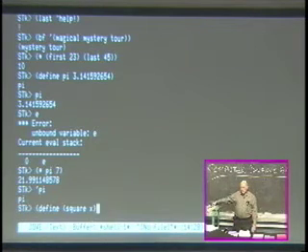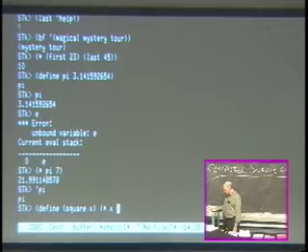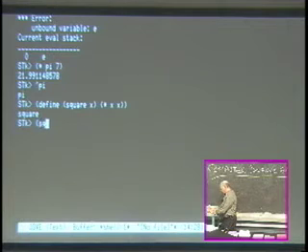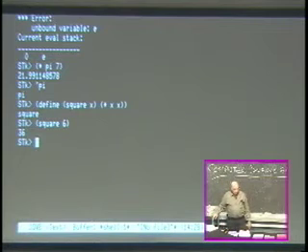When we're defining it, we say square x. x is going to be the name for the argument. So define square x, times x, x. So what's square of 6? That's 36.